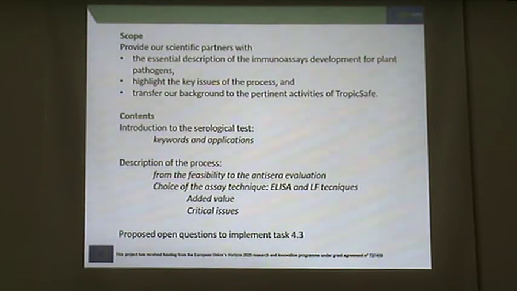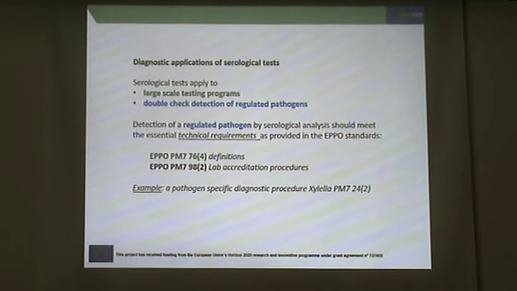Besides a brief introduction, I will go to the description of the process. First of all, as Tanya already mentioned at the beginning of her presentation, I would like to focus on where we are when we use the serological test.